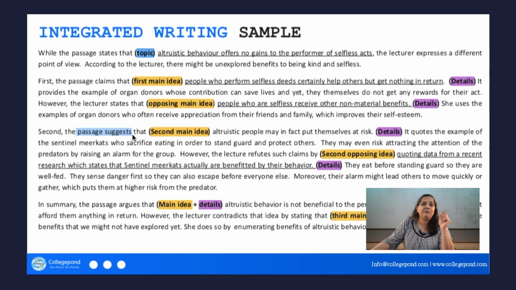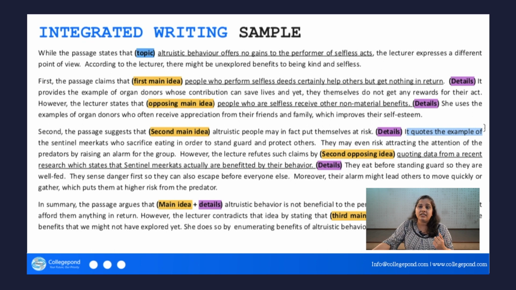Once you give the second main idea, try and elaborate it a little bit with other details that support that. Why does the passage say that they put themselves at risk? And how does it say that? It says that by quoting examples of the sentinel meerkats, right? It goes into a lot of detail about how these meerkats are actually sacrificing themselves and so on and so forth.